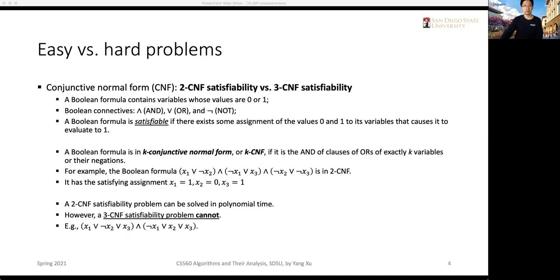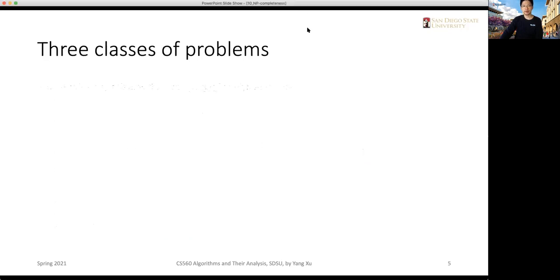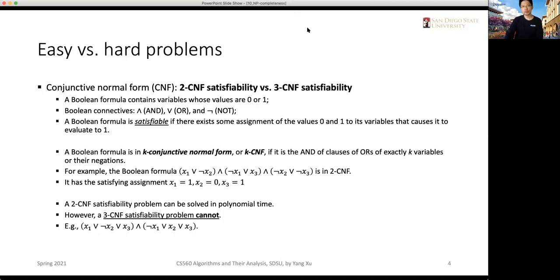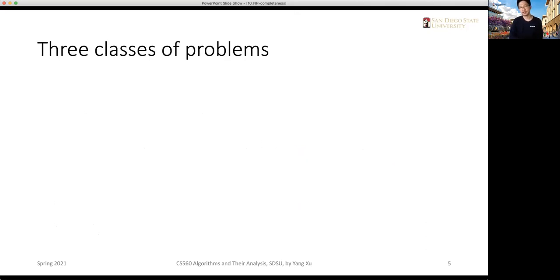All right, and that's all the examples we have. So at least what theoretical computer scientists have done is that we classify all the problems in the world into 3 classes. Okay, so let's lay out the definitions first.